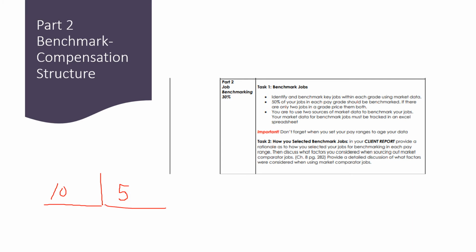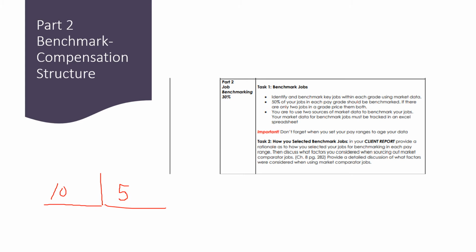So that data will be calculated and listed in your Excel spreadsheet. In terms of your client report, you have to talk about, for part 2, how you selected the benchmark jobs. So what was the criteria that you used to select them?